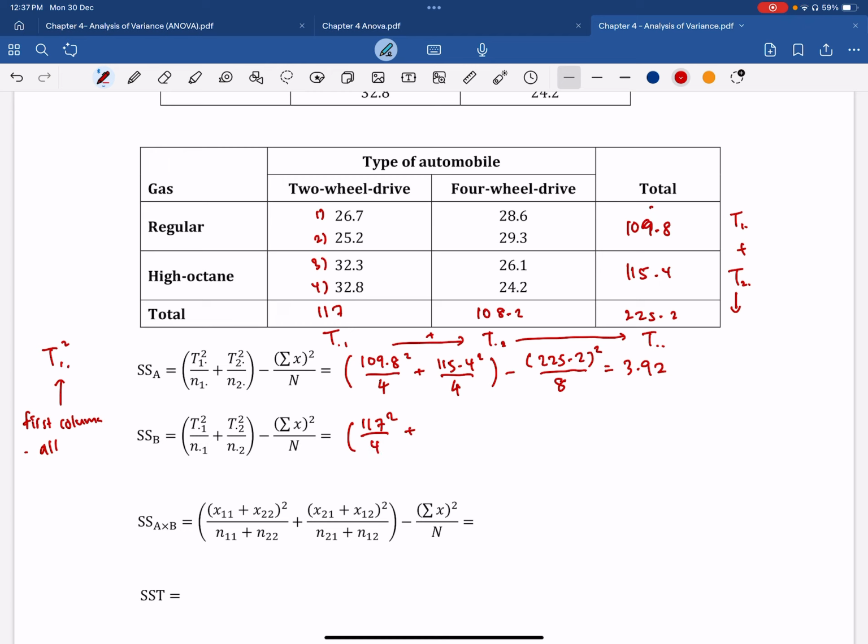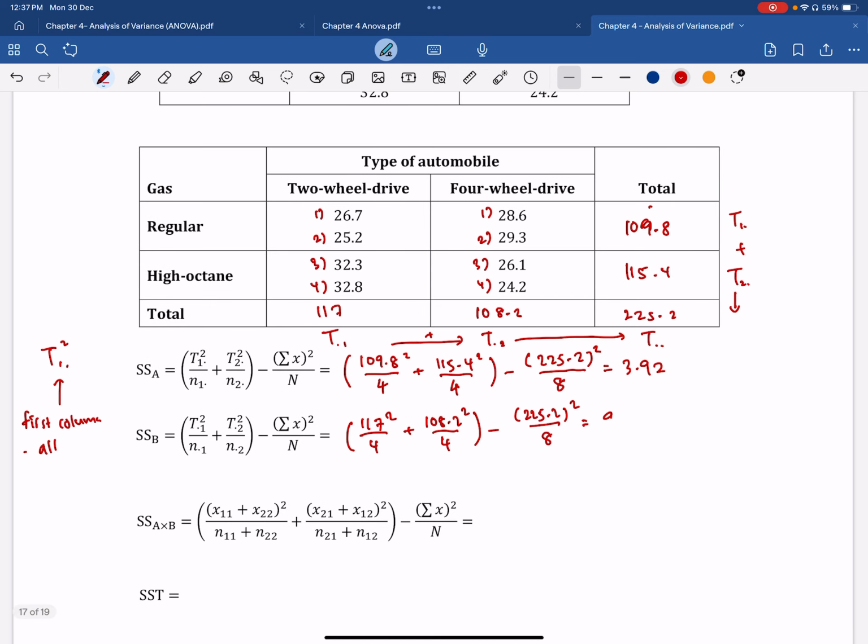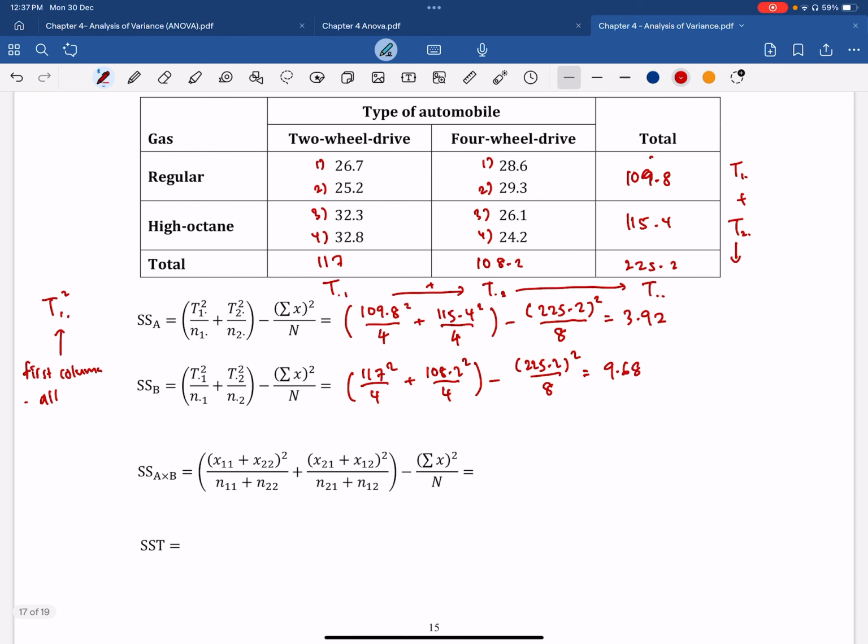Plus 108.2 squared over 1, 2, 3, 4, so this is 4. And we minus the summation of x, 225.2 squared over 8, which equals 9.68. So this is SSB. And the next thing that we need to calculate is SSA times B.